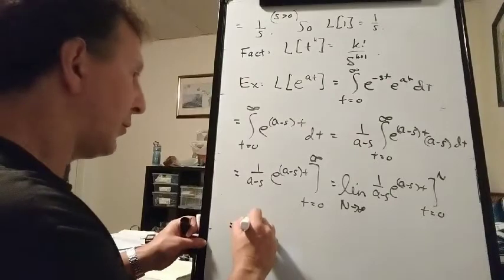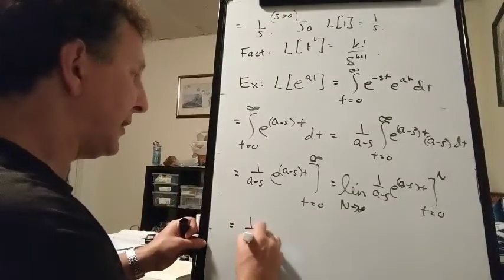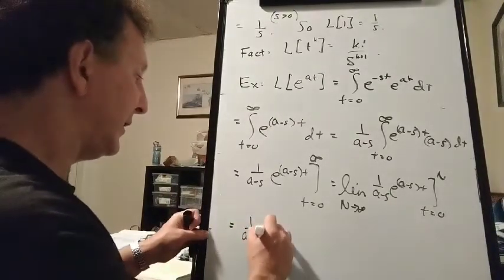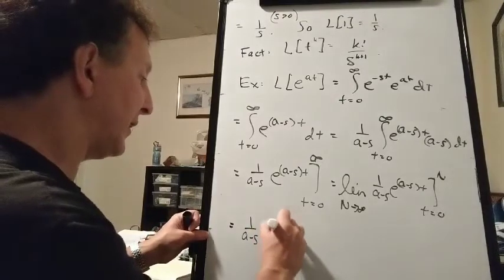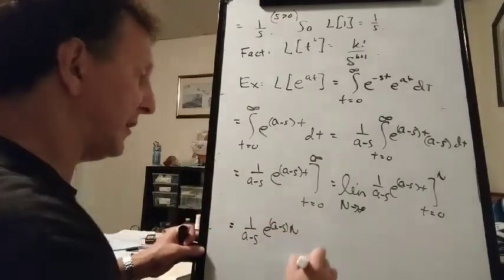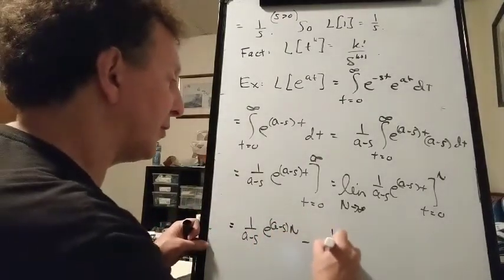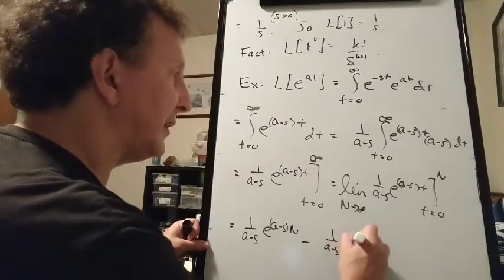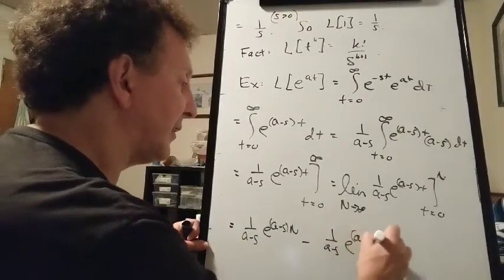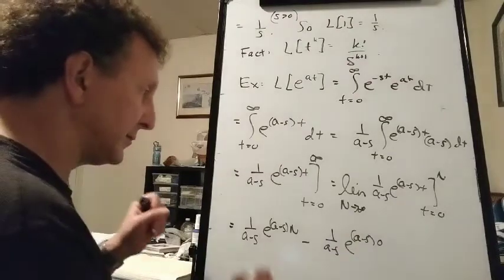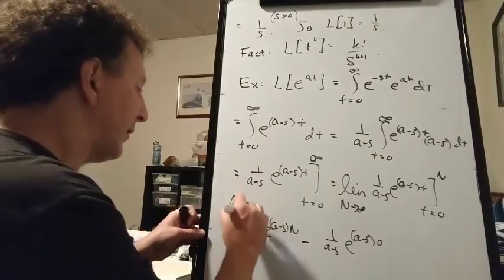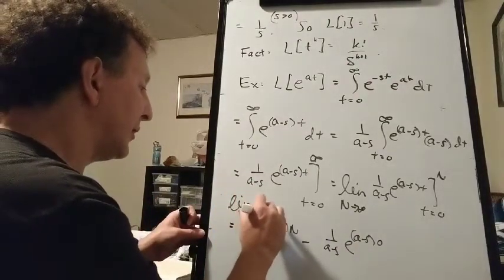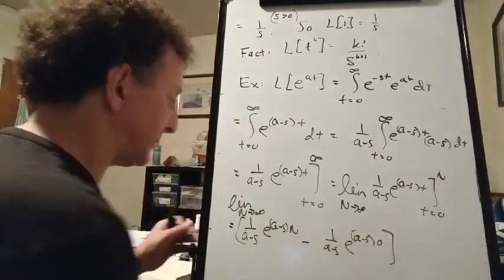So we have 1 over a minus s e to the a minus s capital N minus 1 over a minus s e to the a minus s times 0. The limit as n goes to infinity of this.